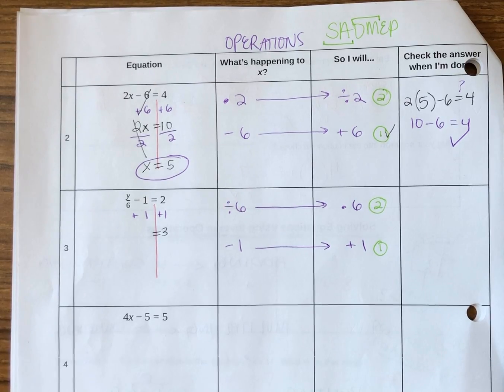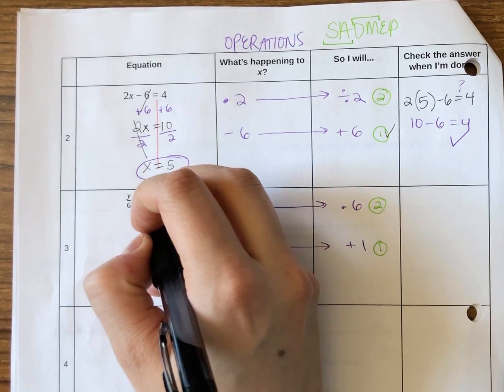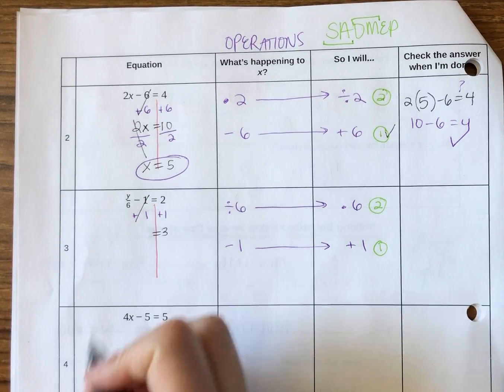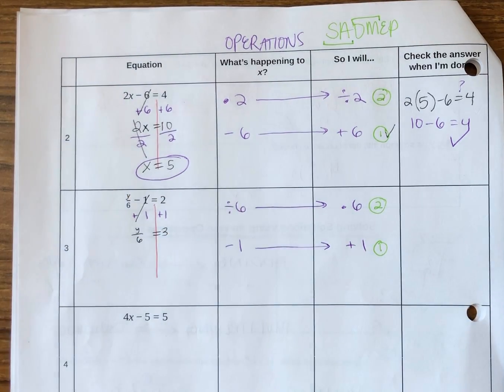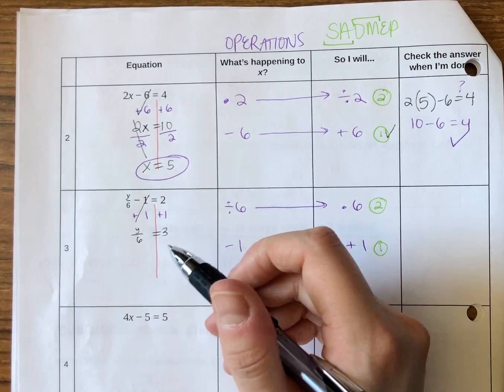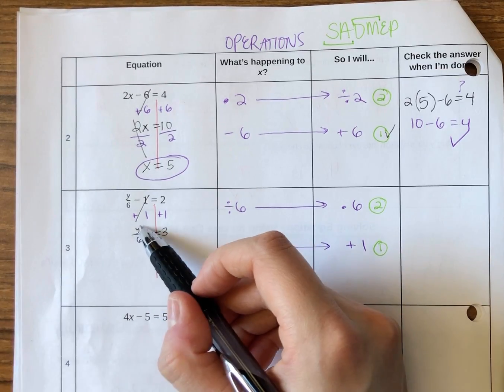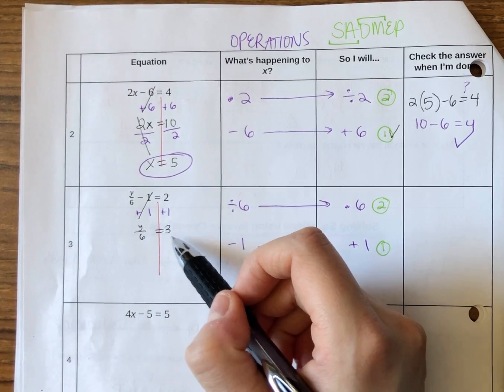And on the left-hand side of my equation, the -1 and the +1 cancel each other out. So I'm only left with y over 6. After I've done something to my equation, I always rewrite that equation to show what is on the balance now. So now I just have y over 6 on one side and 3 on the other side.